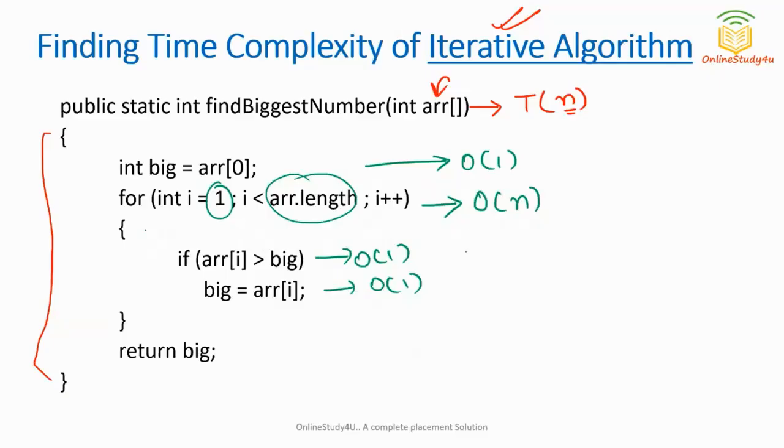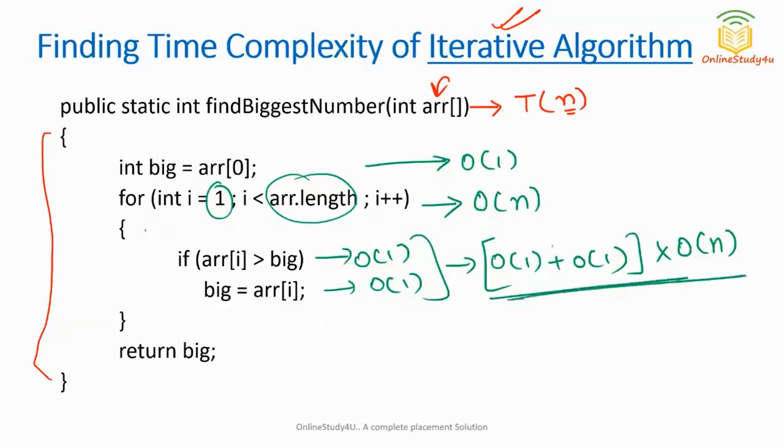Together can I write this as order of 1 plus order of 1 and this whole thing into order of n? Is it making sense or not? This is the actual time complexity for the statements from here to here.